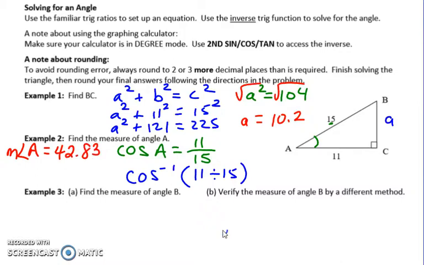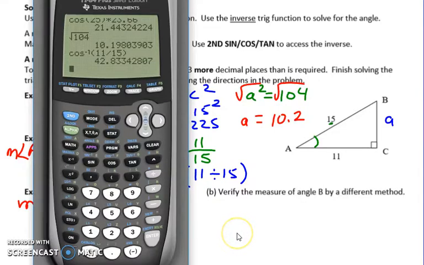So to get the measure of angle B, I'm just going to subtract my measure of angle A from 90. So 90 minus second answer in this case. So my measure of angle B is going to be 47.17.